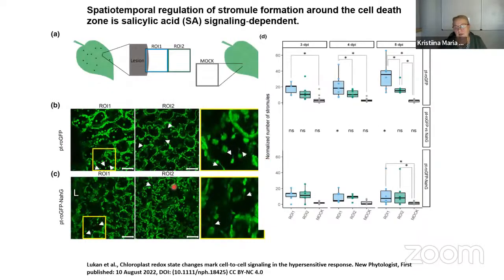When the induction of the stromules was also calculated and quantitated in this same study system, it's clear that the stromules are activated close to this cell death zone, and they are not that quickly activated in the salicylic acid depleted plants.